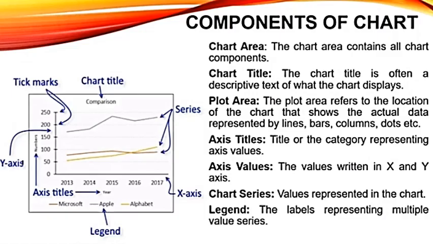Next, axis titles. Title of the category axis representing axis values. There are the two axes, x-axis and the y-axis in every chart. Chart series. It shows the value represented in the chart.